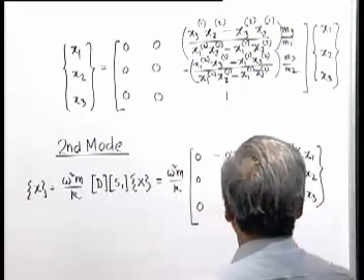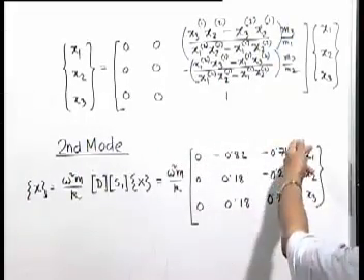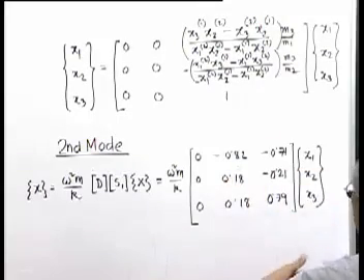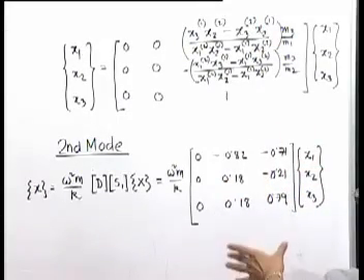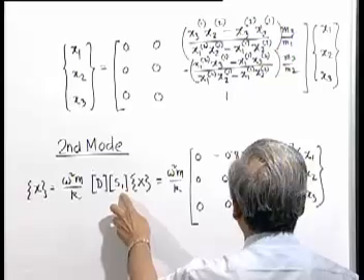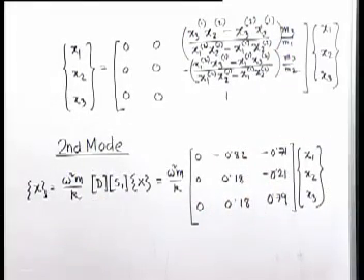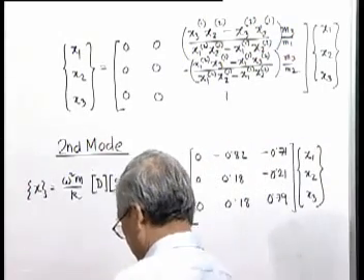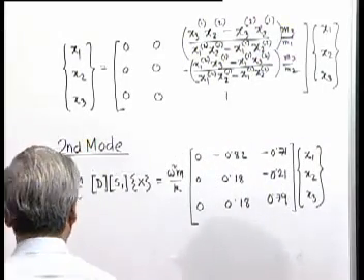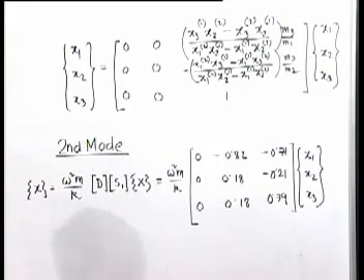This is our final. Now we have to assume something here and repeatedly pre-multiply by this, which is nothing but D into S1. So this is going to sweep out the first mode and it will now converge to the second mode. If we start with 1, 1, 1, it does not matter.